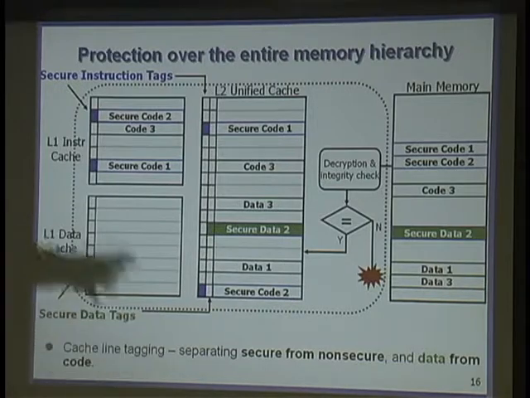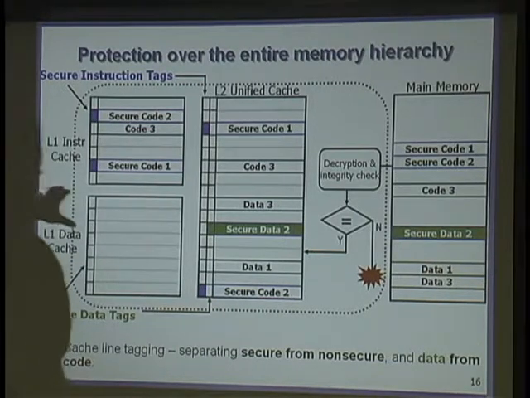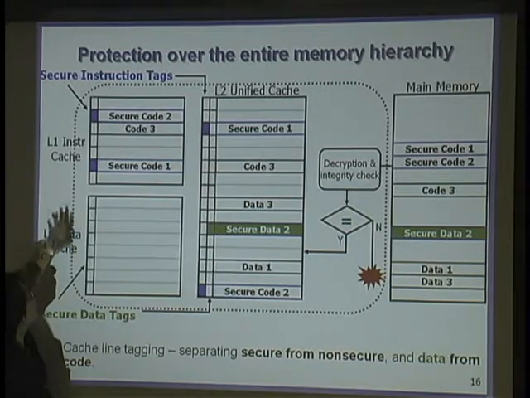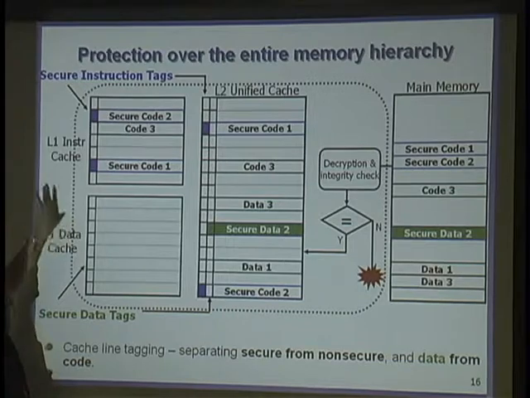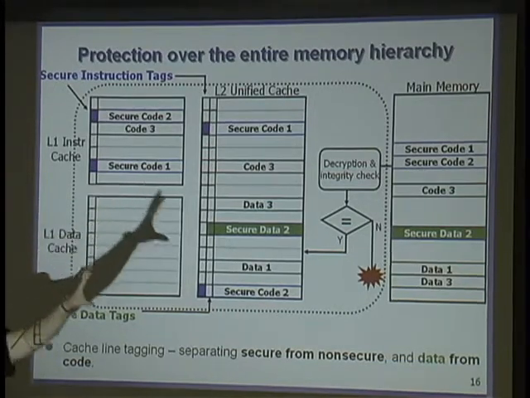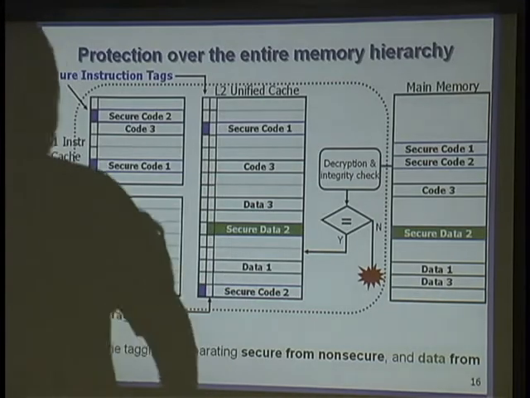Now notice that with this method, there's no performance impact on the processor core, which is not shown. The processor core that does the instruction fetch and the loading, storing, executions works with plain text just as before, okay?